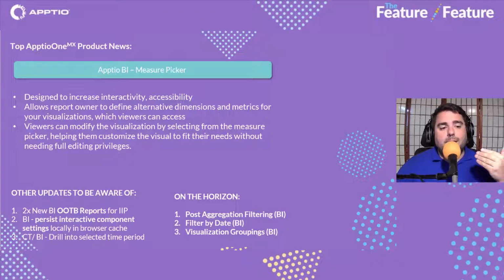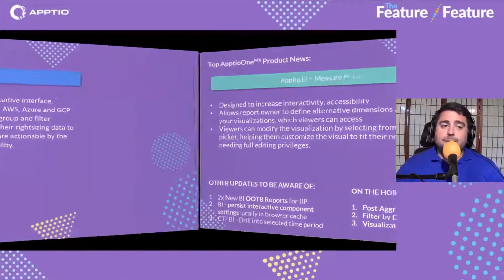So for Apptio 1, you're going to be able to drill into selected time periods in the CT information in Apptio BI. On the horizon, a few more features for filtering within Apptio BI, as well as visualization groupings are coming. So we'll touch on that as those are released here in the not too distant future.